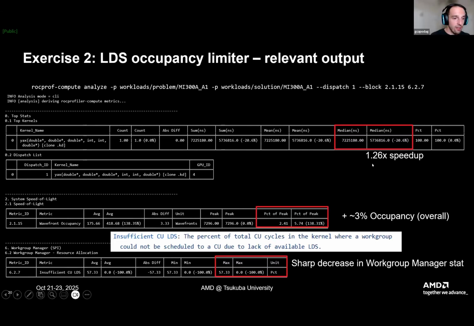But the important thing here is that we are looking at, yes, the wavefront occupancy, but also quantities and markers such as the insufficient CU LDS. So that is defined as the percent of total compute unit cycles in the kernel where work group could not be scheduled due to lack of available LDS. So if that goes down, then that's good.